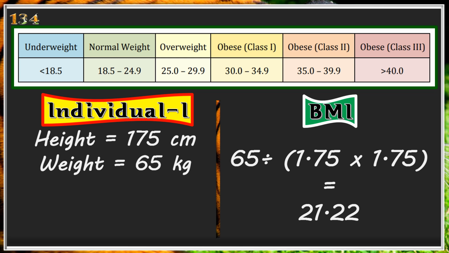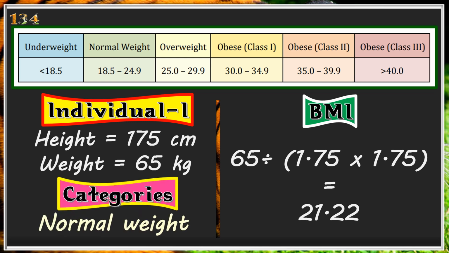So that will give us 65 divided by 1.75 times 1.75, which gives us 21.22. So the person falls in the normal weight category.